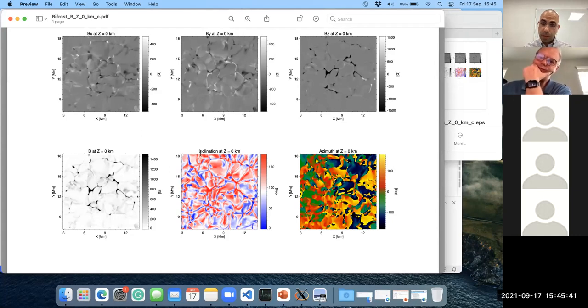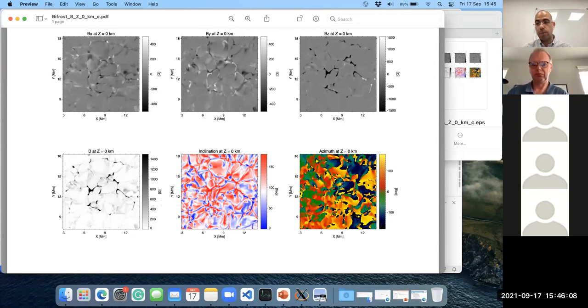Then if we go to the inclination, we can see that this is 180. So the magnetic patch is very vertical, and also the other magnetic patches. And then we have a mix of polarities that is expected in this complex simulation. But in general, in the places where the magnetic field is strong, the network patch, they are very vertical.